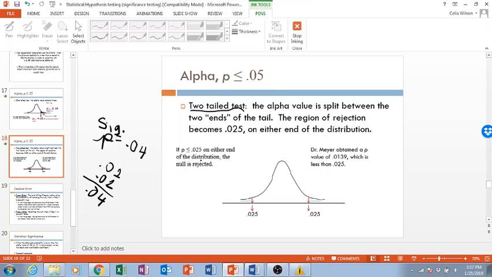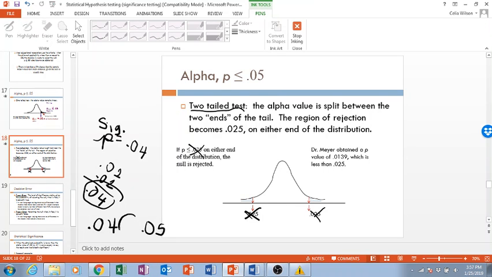So you're not going to have to worry about splitting these values like this. You're not even going to have to remember that because SPSS has already doubled it for you. So whatever probability SPSS gives you, you can take it directly, 0.04, 0.05, and compare it, like we did in first grade. We can compare it to determine whether or not we have statistical significance.